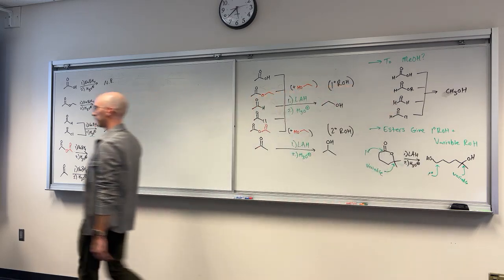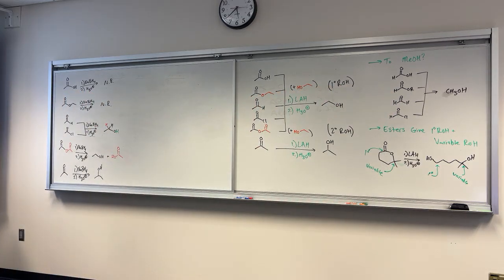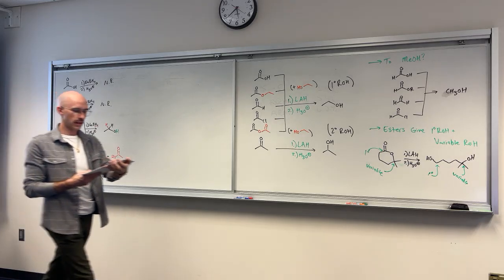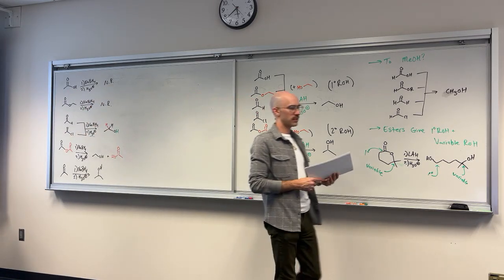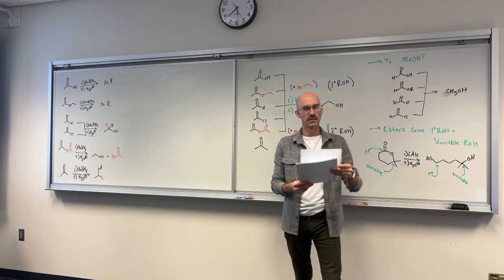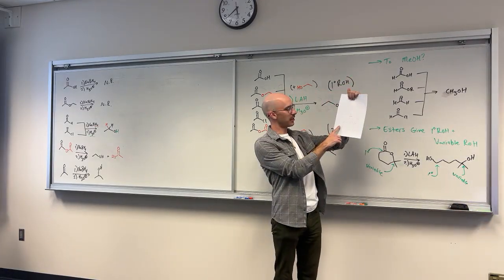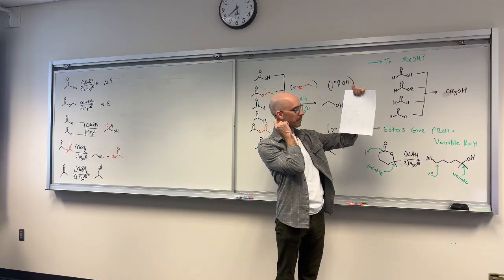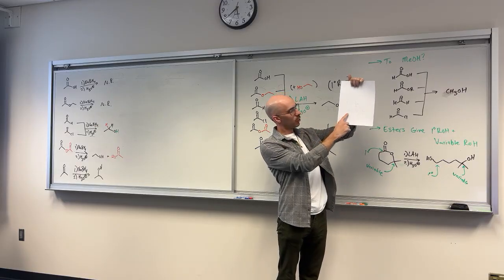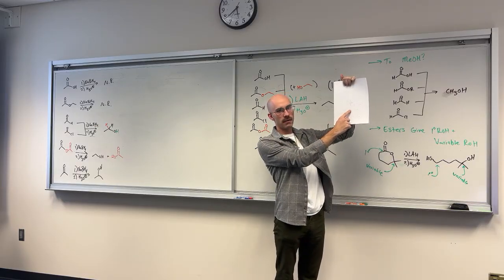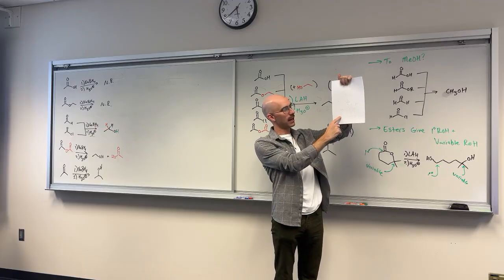All right, let's do a quick application of this. If you would please grab the second sheet that I gave you today. This one's uploaded on Canvas as alcohols and epoxides synthesis. I want you to come down to the bottom. We're just going to look at this bottom reaction on the left-hand side.